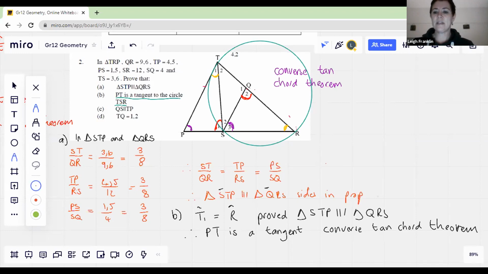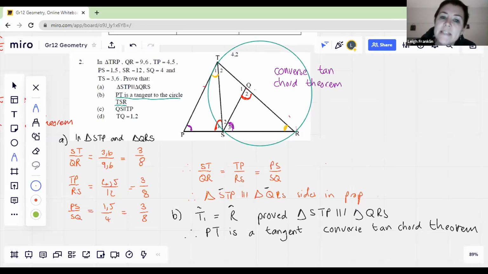Okay, so what I was saying here, in question B, is that because we proved triangle TPS similar to triangle RSQ, that meant that angle T1 was equal to angle R. So if we drew a circle through TSR, the green circle, we could prove that PT is a tangent to that circle because T1 equals R, from similarity.